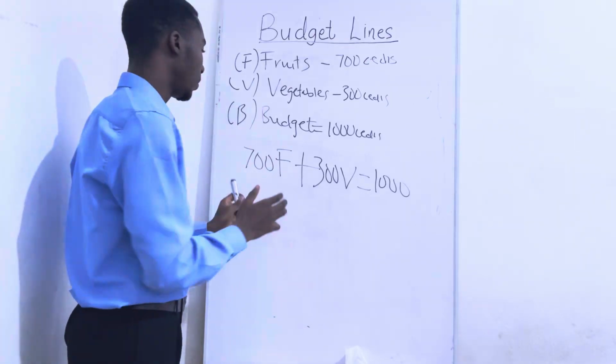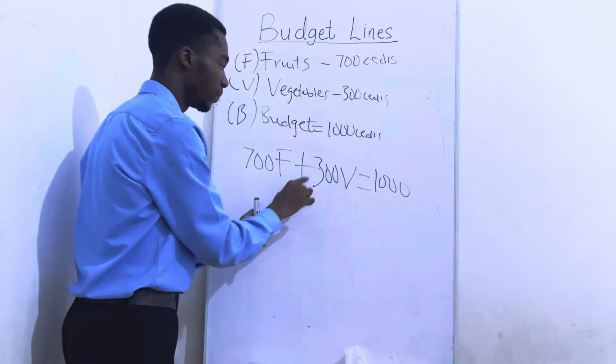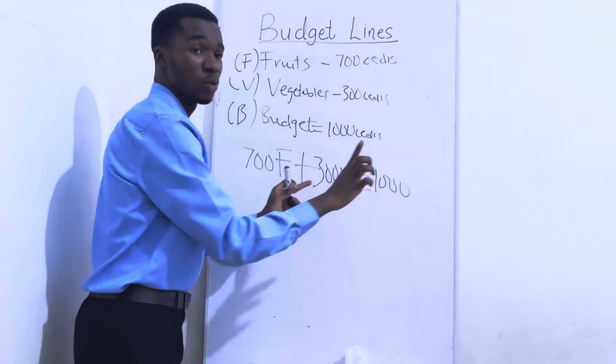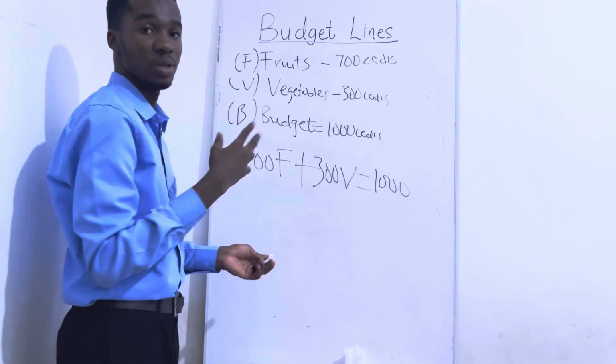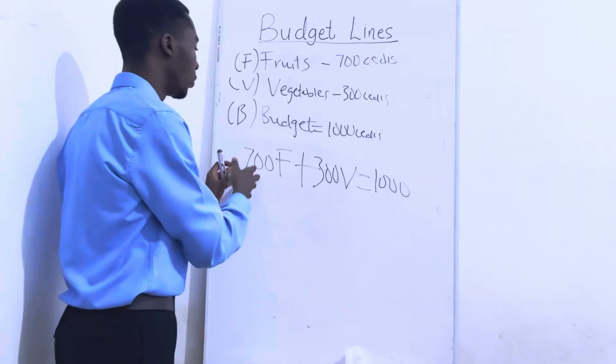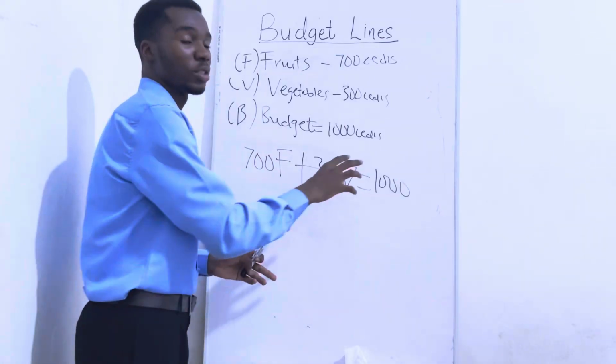So in other words, the price of the fruits, which is 700 cedis of the fruits, plus the price of the vegetables is equal to our budget. You get it? So we are assuming that all the fruits, if it's 20, 30, 40 or whatever, all of them was 700 cedis, and all the vegetables were 300 cedis, and all of them amounted to 1,000 cedis.